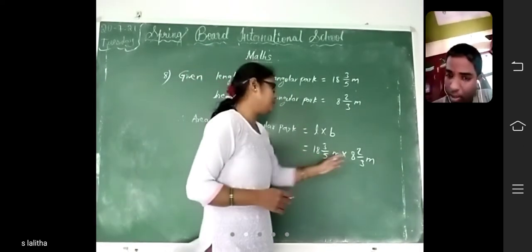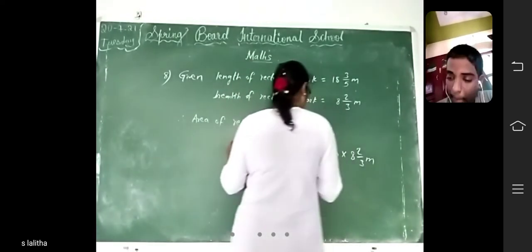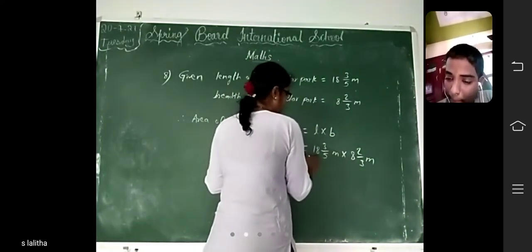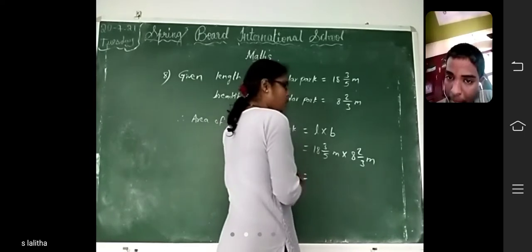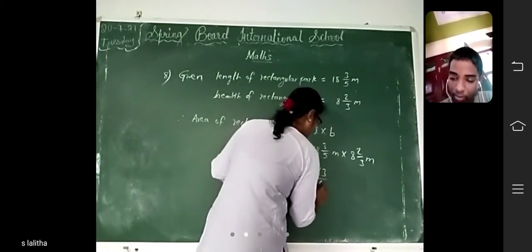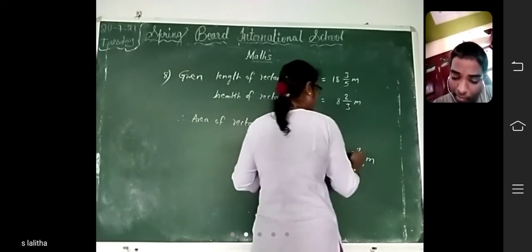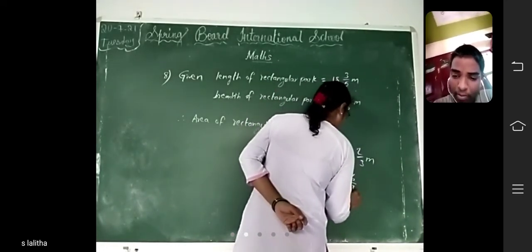These are mixed fractions, you have to convert into improper. 5 into 18, 90, plus 3, 93 by 5 meters, into 3 eights 24 plus 2, 26 by 3 meters.